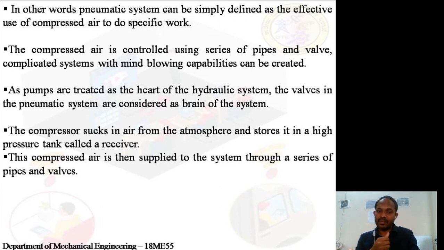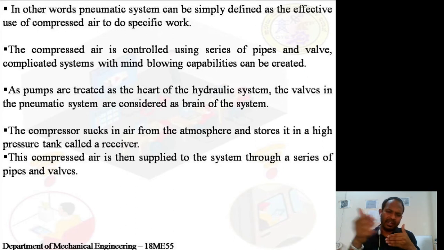Basically, compressors come in some different types, you might have seen them. One common compressor that you might have seen is the one for inflating tires. If you go to any garage, there they will have a green or black dome-like structure, a boiler-like structure, a tanker, in which it sucks air from the atmosphere.